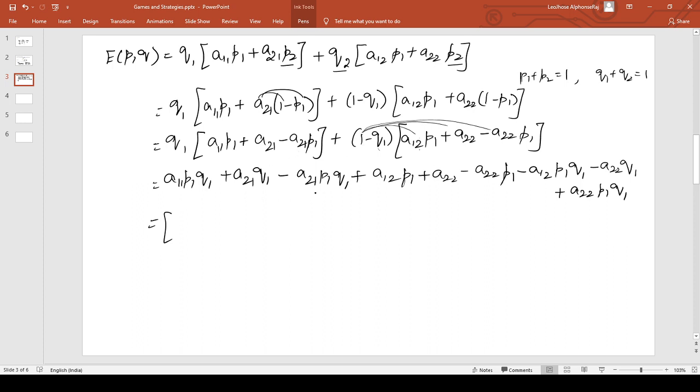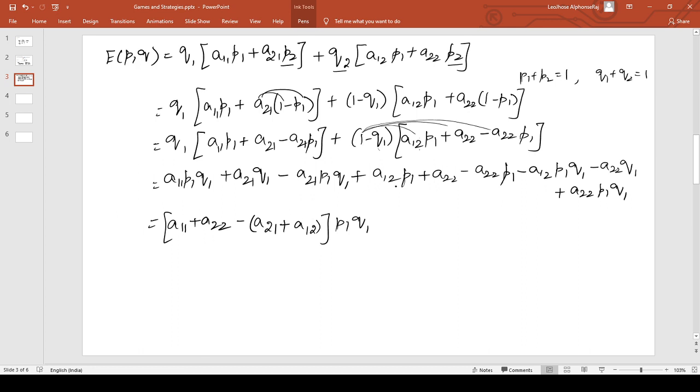So taking all P1 Q1 terms together, here you have A11 and A22. A11 plus A22, then you have minus of A21 plus A12. If you want, you can write it in an order, P1 Q1, and the next term, P1 term.